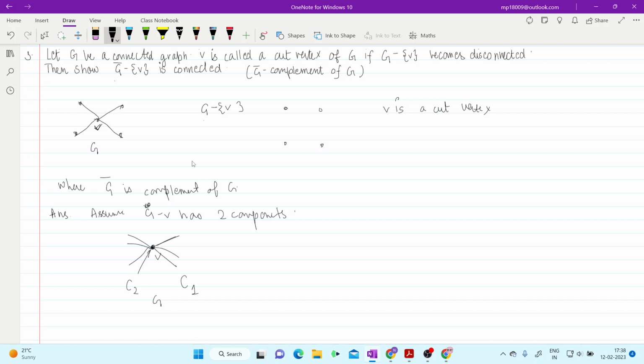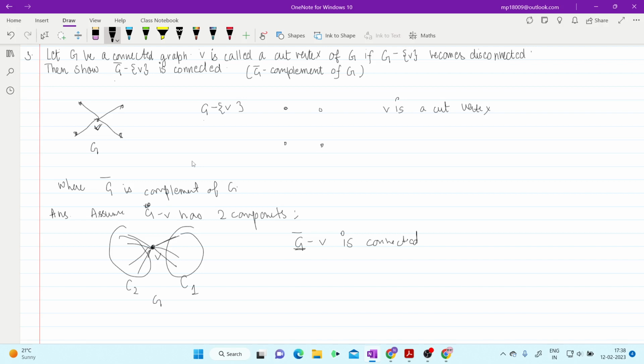That is, it will have two components, C1 and C2. If a graph is becoming disconnected, that means it has at least two connected components, so first assume it has two components. Now we have to show that G bar minus V is connected.